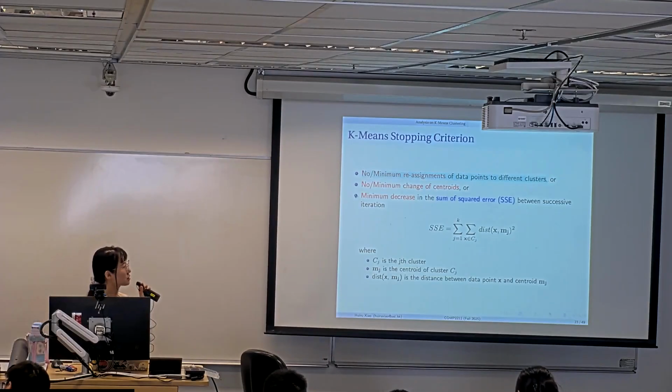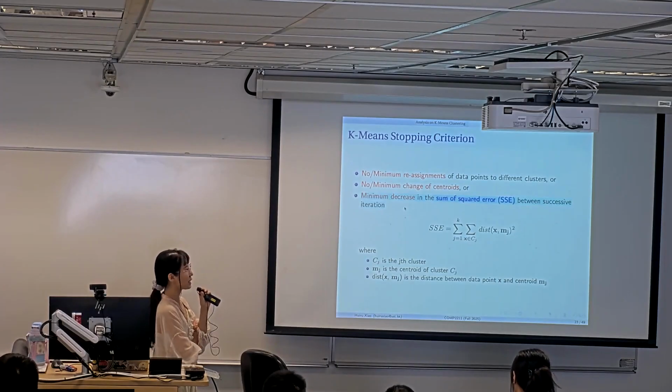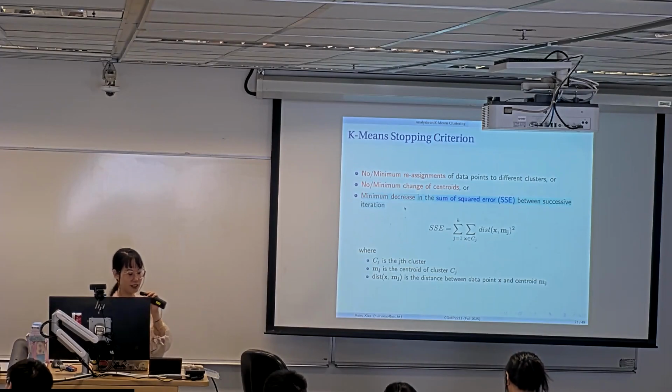We have a third stopping criteria: the minimum decrease in the sum of squared error, SSE, between successive iterations. What is this SSE?